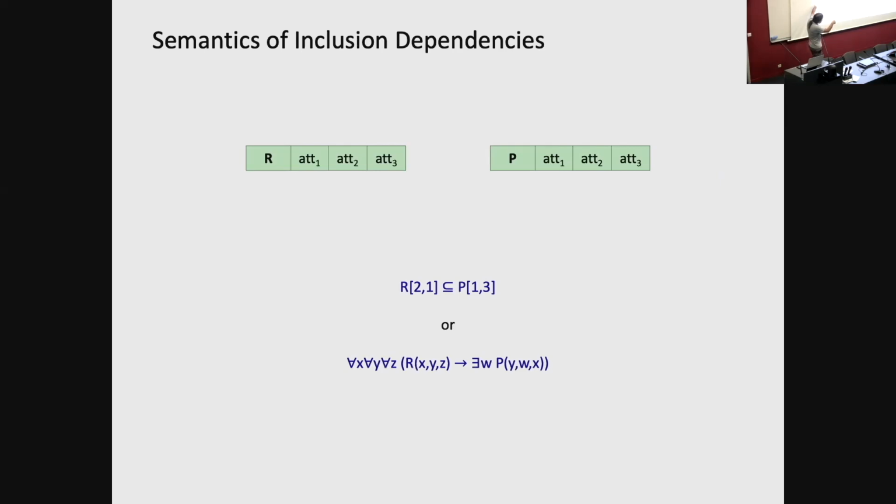The second variable here, which is y, will appear in the first position of P, and the first variable, which is x of R, will appear as the third attribute, right? And we don't have any constraint about the second position there. That's why we use the existentially quantified variable. Some value will appear there, right? So this first order sentence expresses exactly the same thing as this inclusion dependency. Is it clear what I'm saying here?